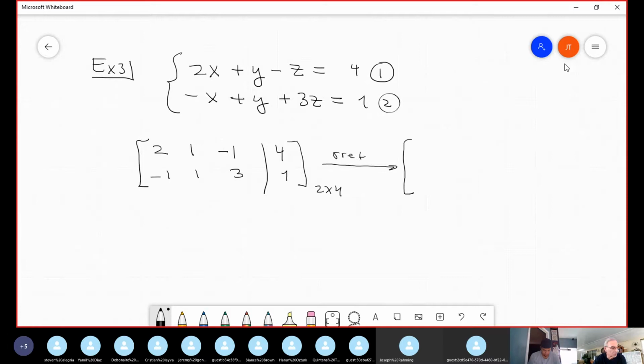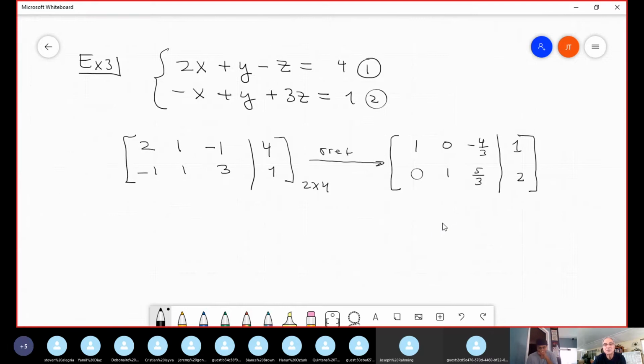Yeah, I discovered that we have 1, 0, negative 4/3, line 1. 0, 1, 5/3, and 2. Okay, this is the crucial moment to analyze the meaning of that.